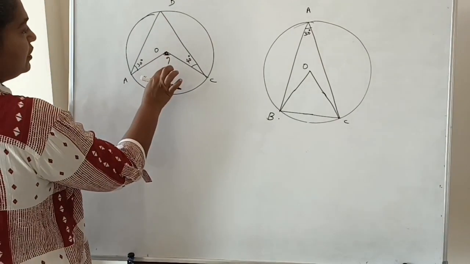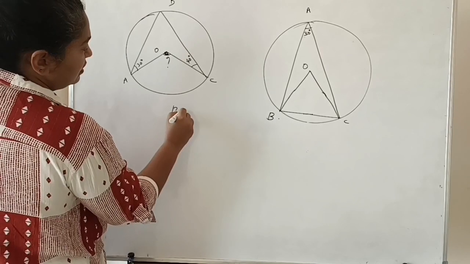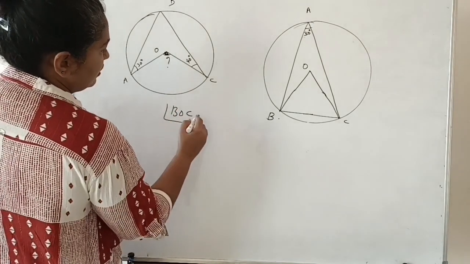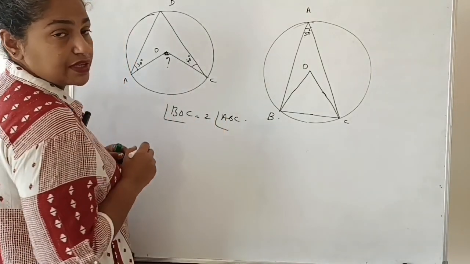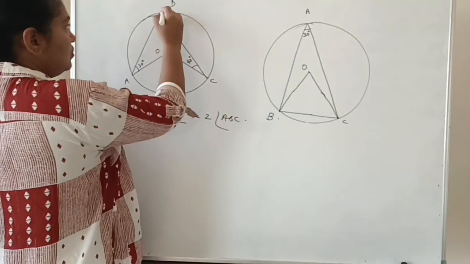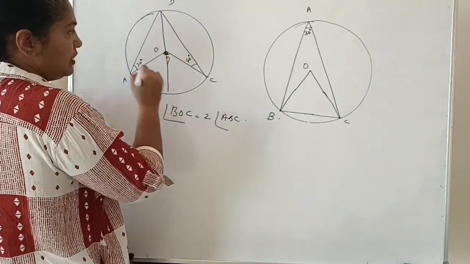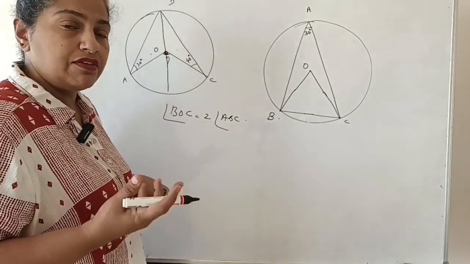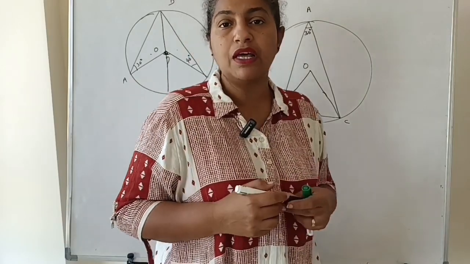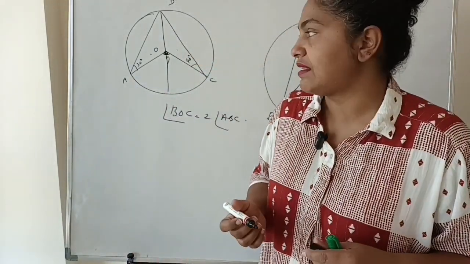So here you can see that, what can I say about angle BOC? Angle BOC is twice angle ABC, right? Now if we are joining B and O, what can I say about these two triangles? We have done the proof also, we know that both of them are isosceles triangles, so the base angles are equal.